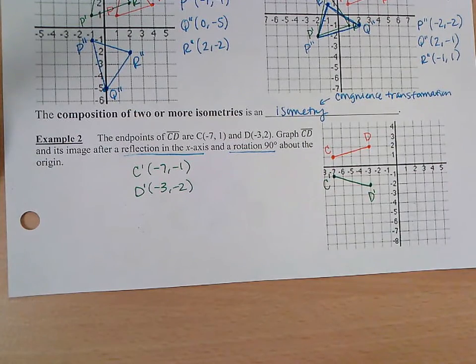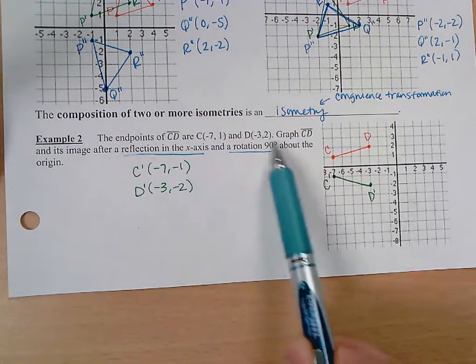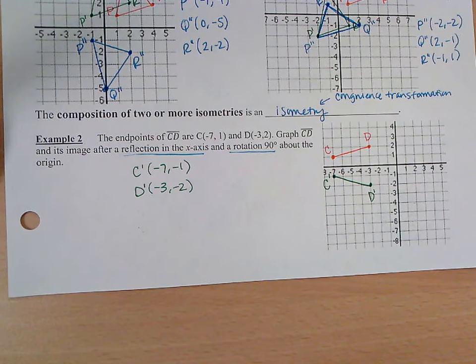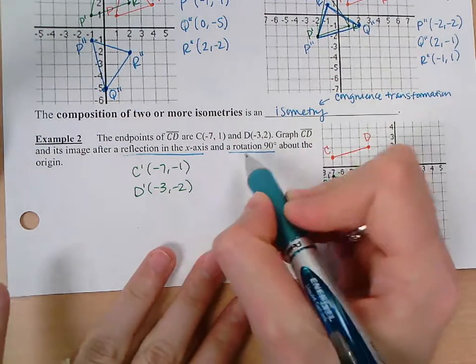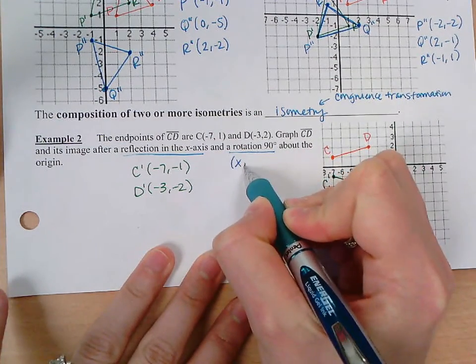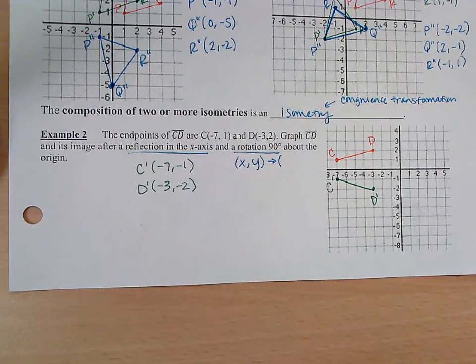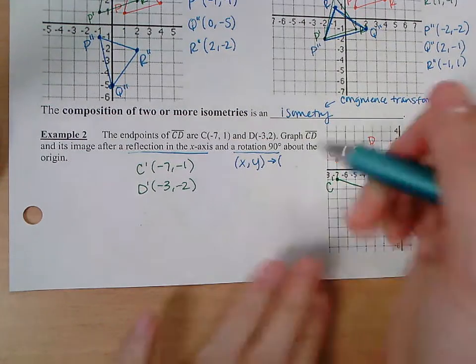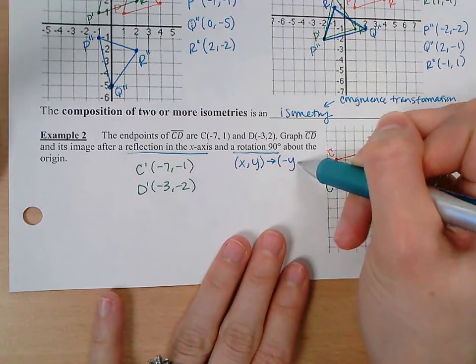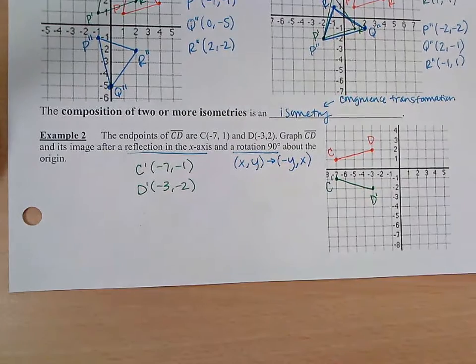So now I have to remember when I rotate 90 degrees, what that procedure is. So if I start with a coordinate x, y, what are the coordinates of the image? How do the coordinates change? Yes, so the y is negative and then they switch. So it's -y followed by x.